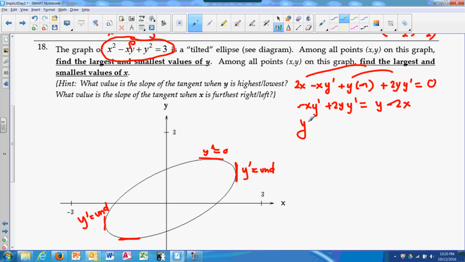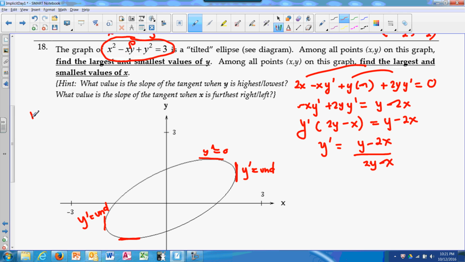Factoring out my y prime, I have a positive 2y and a negative x, and that's equal to y minus 2x. So dividing by the product term, we have the derivative is y minus 2x over 2y minus x.